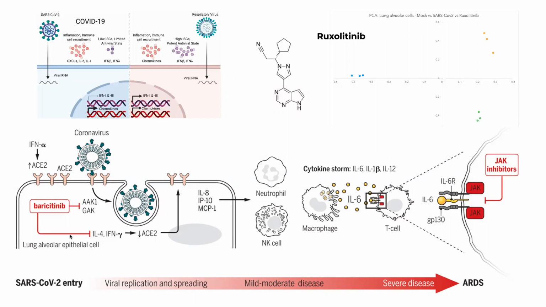So for example, this study that you see right here is a study on the infection of SARS-CoV-2 compared to a number of other viruses that also infect lungs. And we can study in comparison how this virus is different in causing disease than other similar viruses that also cause respiratory distress.